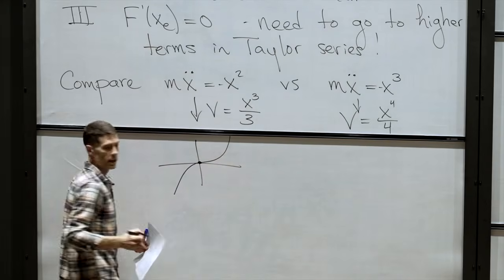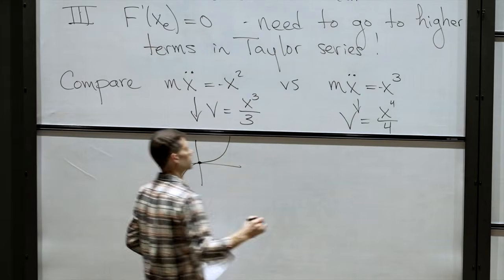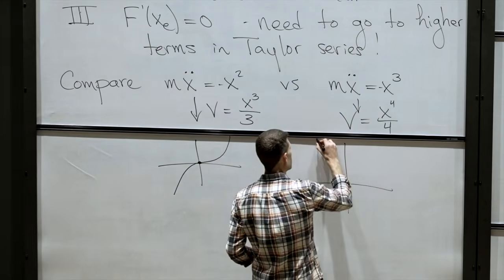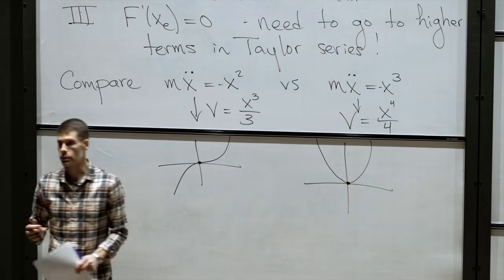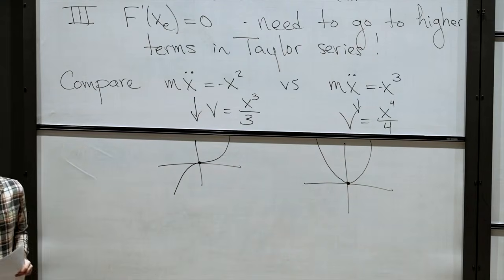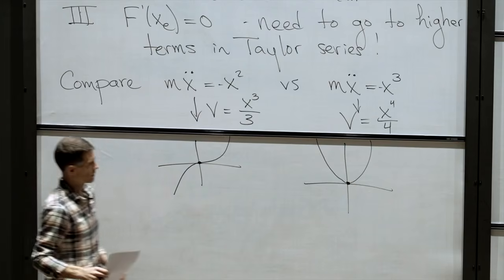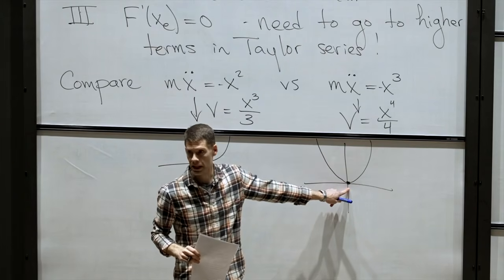So that's x cubed, and that's x4, and we're talking about the stability of that point right there. And it's pretty clear that that looks very stable.